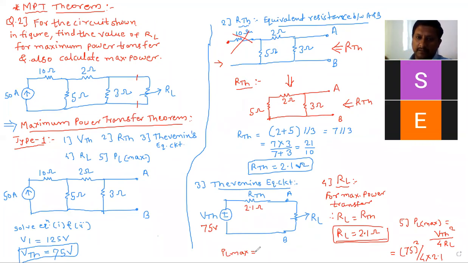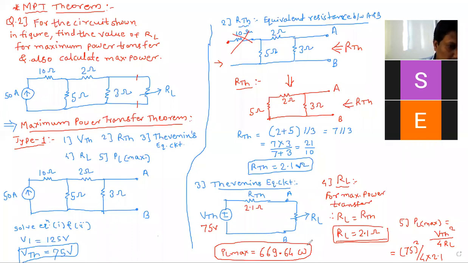What did you get in the calculation? 669. Yes. Is it correct? Yes, sir. 669.64 watt. The unit of power is watt.